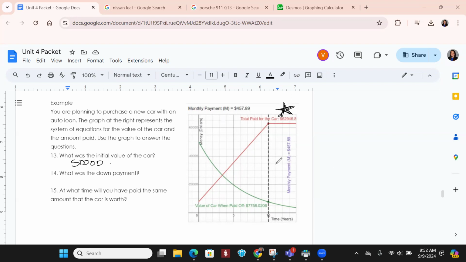Look up at the top right. How much was it totally? 62,946.80. And you told me the initial value of the car is 50,000, right? What's the difference between those two? Oh, I'm sorry. What was the initial value of the car?